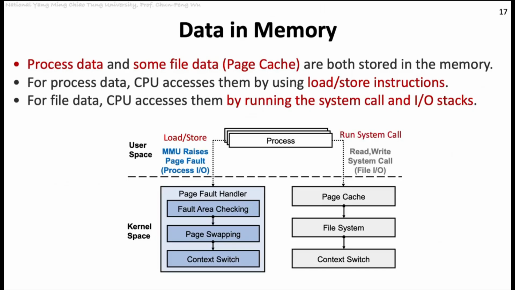Because this is a file-related system call, the CPU will first check the page cache to see if there is cached data already in the memory. If there is, then the CPU will directly return the data required by the request. But if not, then the CPU will access the file system to check where the data is in the storage device, and then do the context switch.